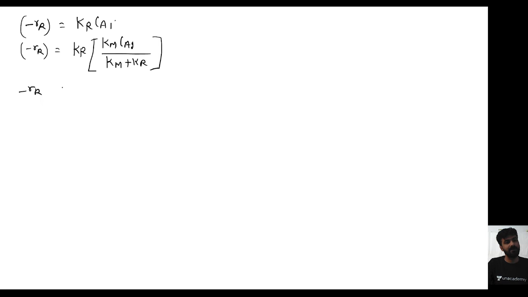So minus R is equal to Ca gaseous upon Km plus Kr upon Km Kr. Anyone has any doubt?